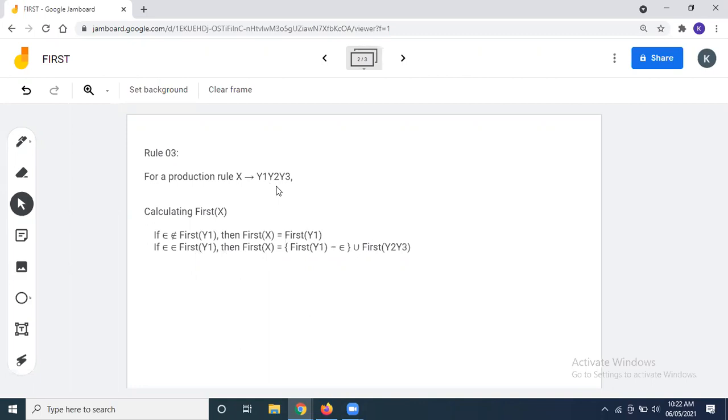So just remember these rules. It will be clear when we solve the example.